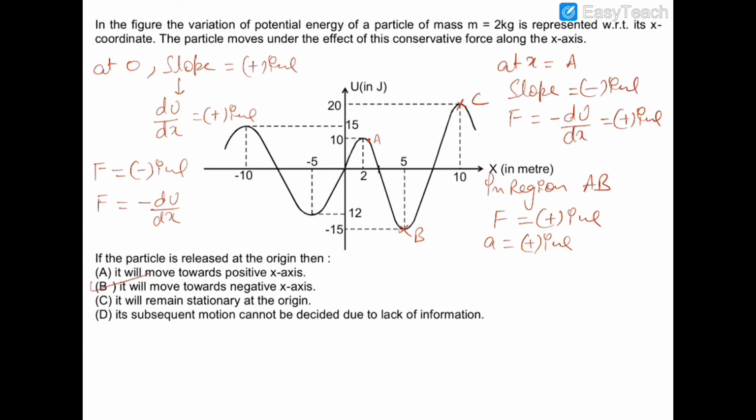So the particle will be accelerated till point B.